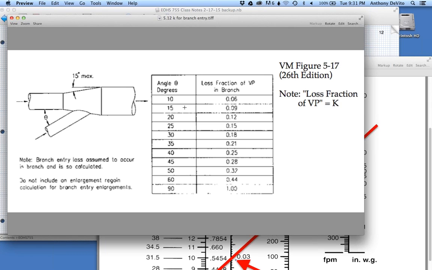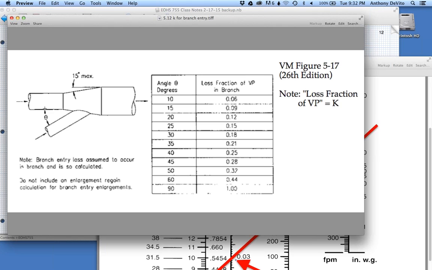It would be very inefficient to try and put a T in here. We know that that's enormous frictional loss involved there. Imagine this as a traffic pattern, with cars merging into a larger highway. If they came in at a right angle, it'd be a real mess, right? We want it to merge in as efficiently as possible.